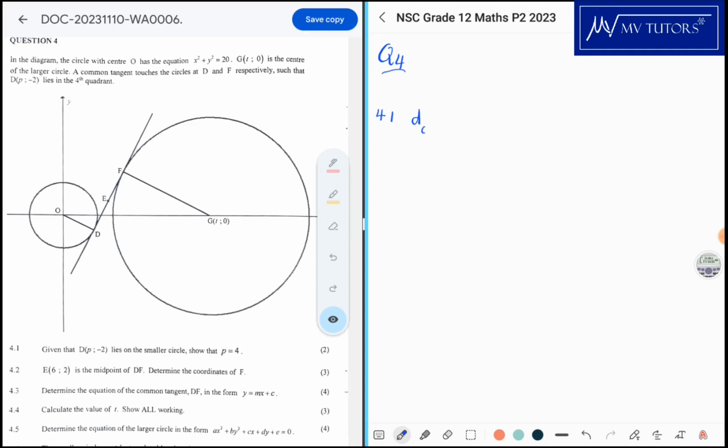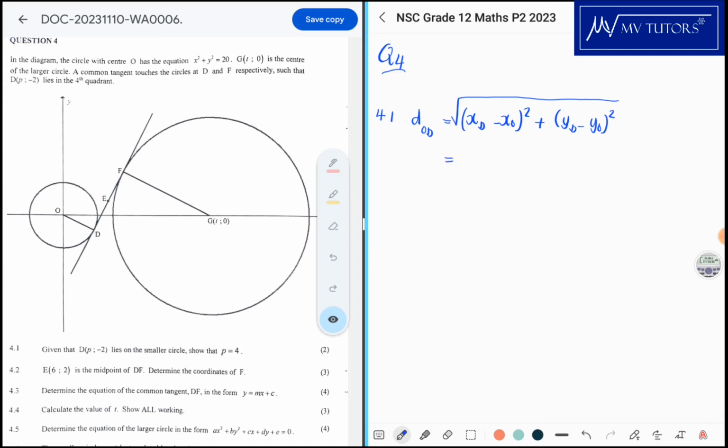So the distance OD is equal to the square root, I'm just going to write it out in full, of (xd minus xo) all squared, plus (yd minus y at the origin) all squared, all rooted.